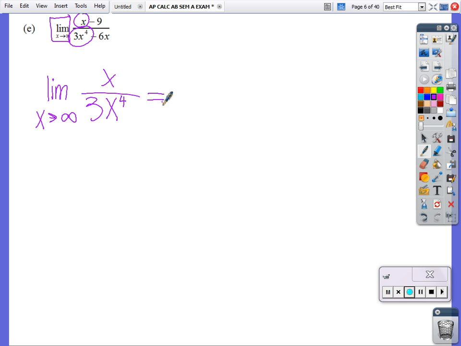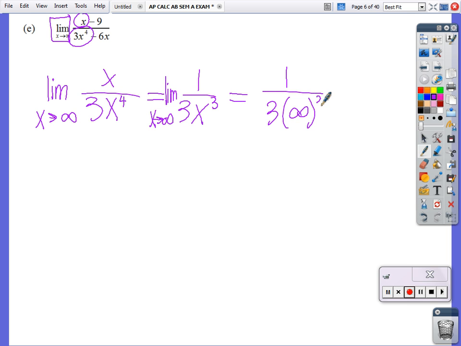If I follow the same steps we did before, you would end up with 1 over 3x cubed. And you want to think about the rule of really large numbers. If you substitute infinity into the denominator, but the numerator stays 1, you end up with something that looks like this. The bottom becomes extra, extra huge, so you're dividing by a huge number, and so the value is 0.